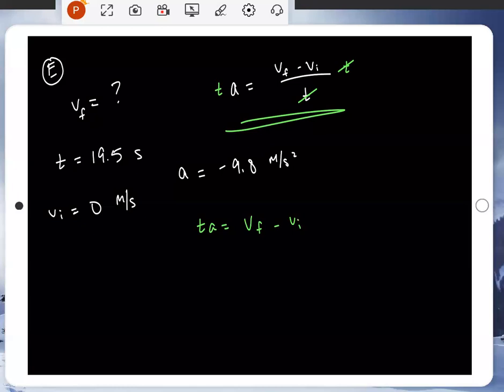Good. And then you just add VI. You got it. If we're subtracting, we have to add to cancel. So then we get VF by itself. Exactly right.